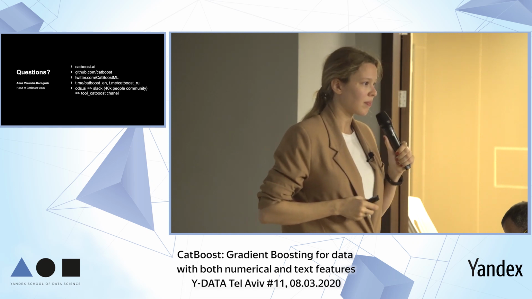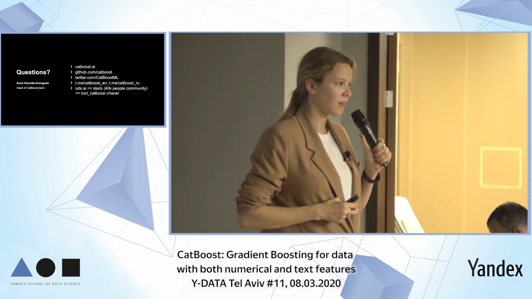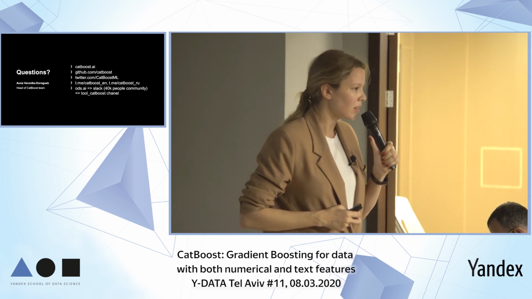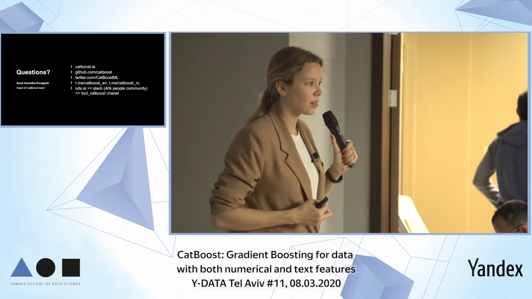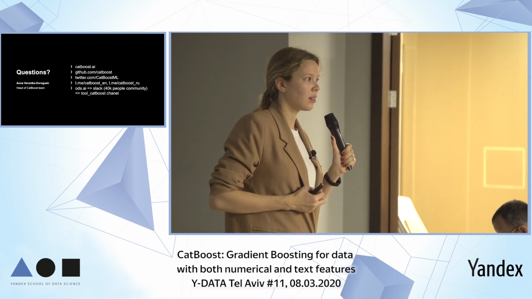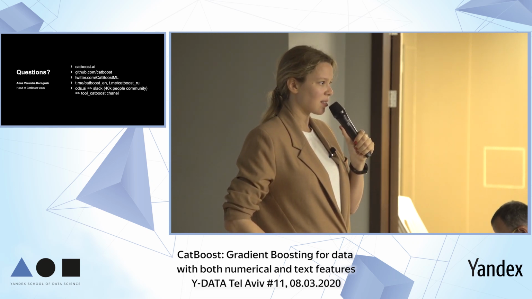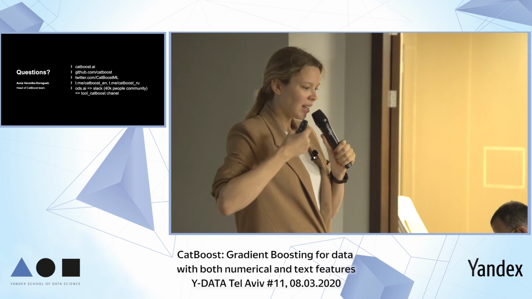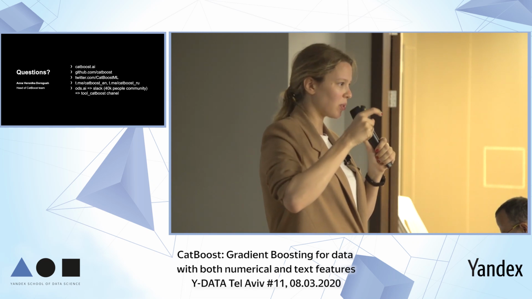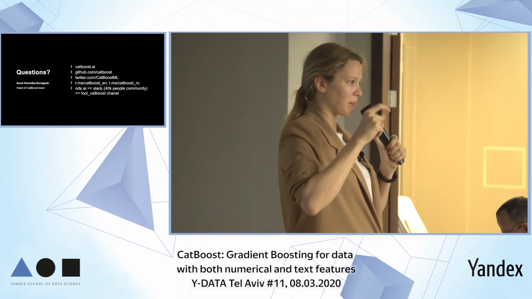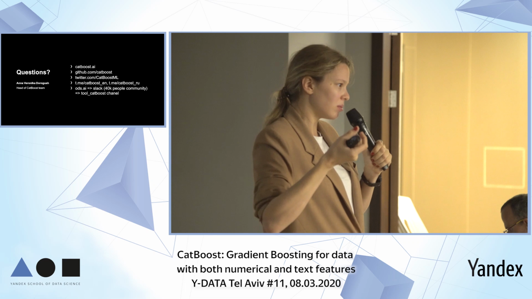Is there a smallest advised sample size for a small category? So it depends on the size of the data set. If your category is not very popular, if there is a small number of samples, then the prior that we are using will play more of a role.